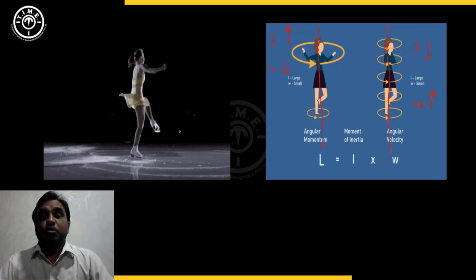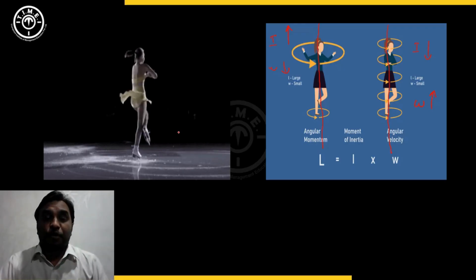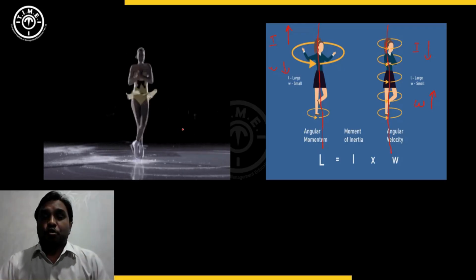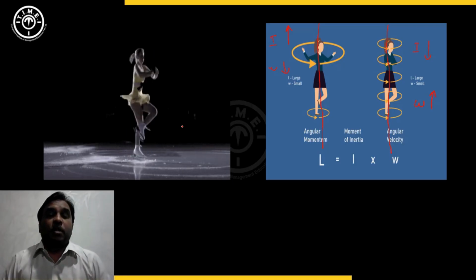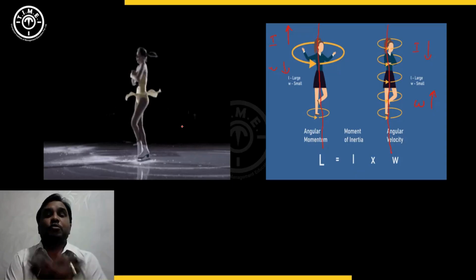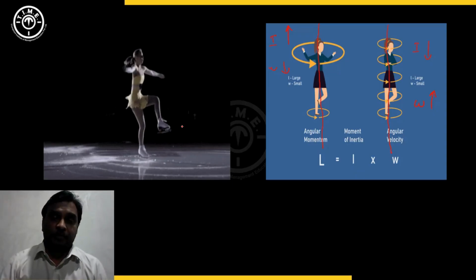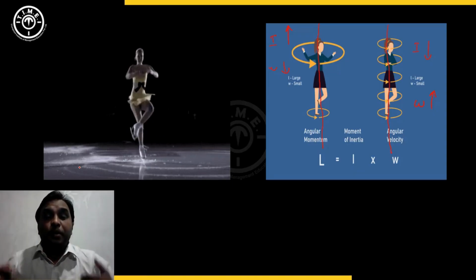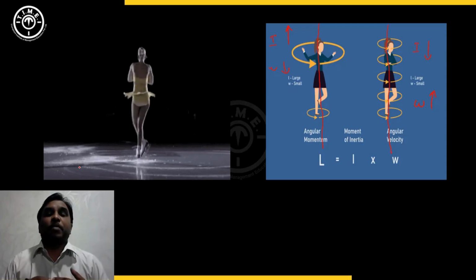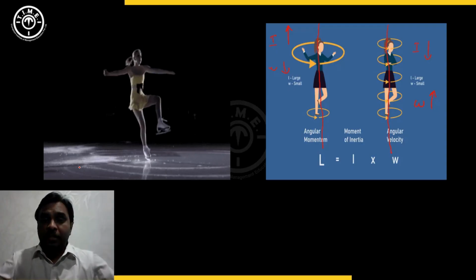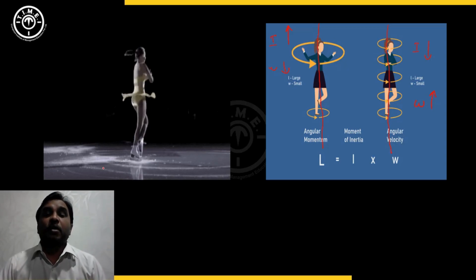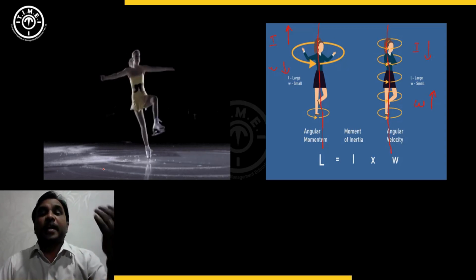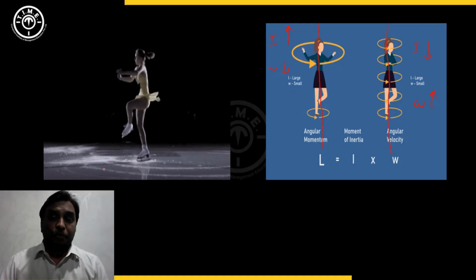If she wants to make more rotations, she has to reduce her moment of inertia. That is possible by folding her hands towards the axis of rotation. If she wants to reduce the angular velocity, she can simply stretch the hands. Once the hands are stretched out, the moment of inertia increases and the corresponding angular velocity reduces.